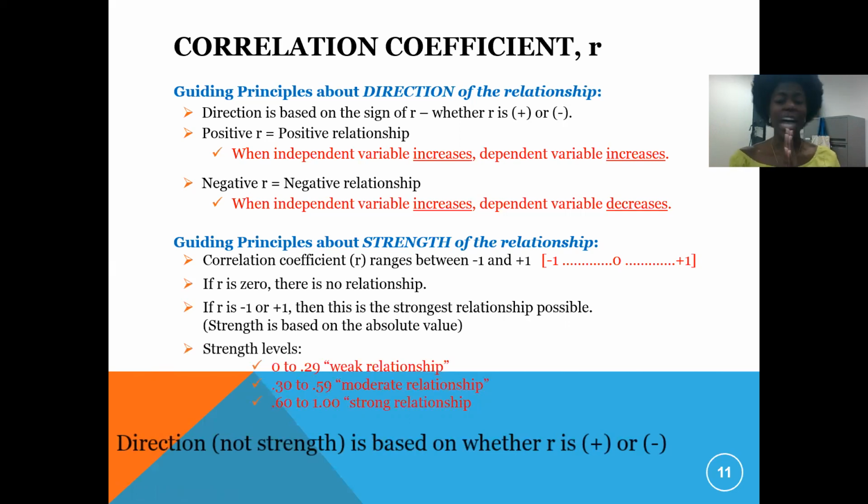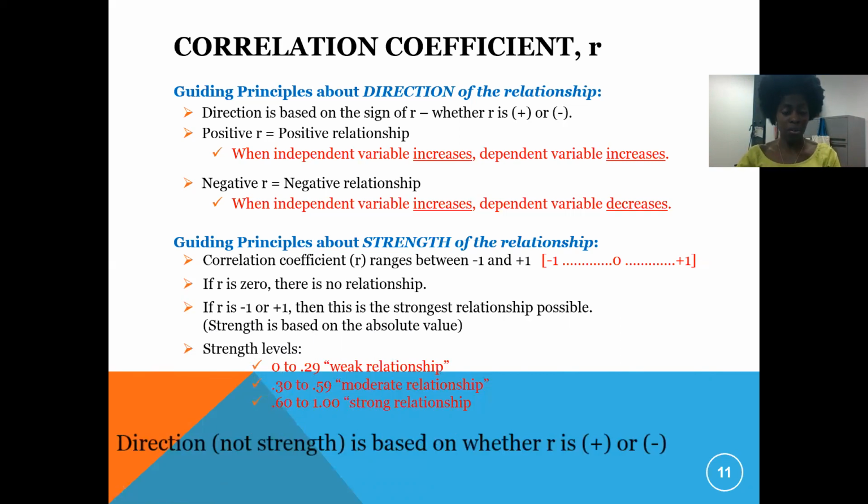Strength, however, has nothing at all to do with whether a number is positive or negative. Strength has to do with whether that number, positive or negative, regardless of what it is, falls in these brackets, and then we call it whatever that is. 0.31, that's a moderate.